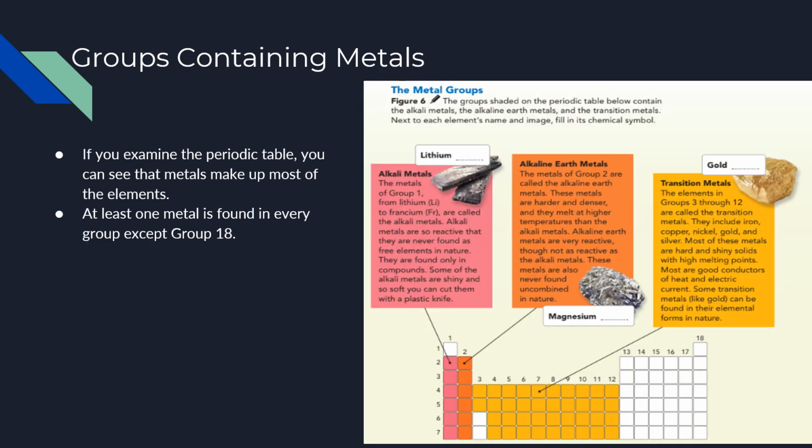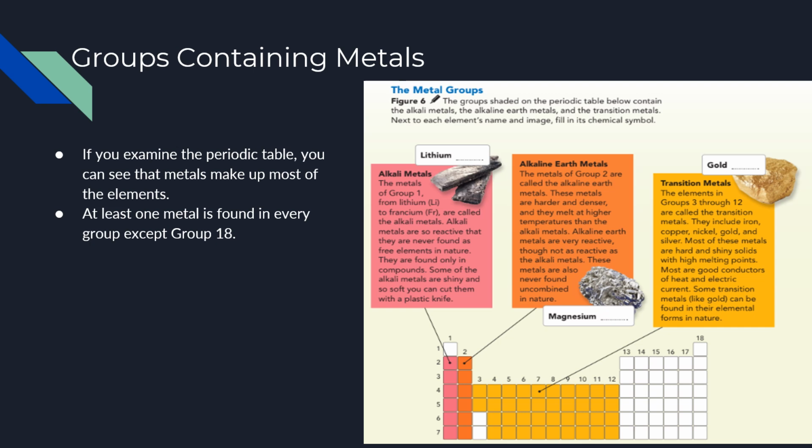Groups containing metals. If you examine the periodic table, you can see that metals make up most of the elements. At least one metal is found in every group, except group 18. So the metal group, let's just read figure 6 first.